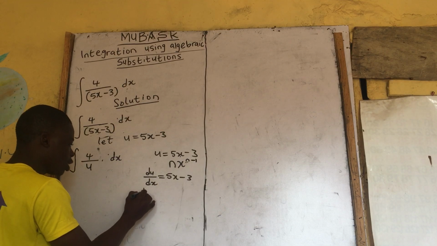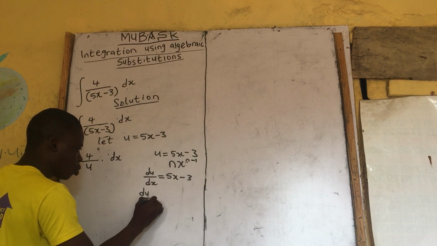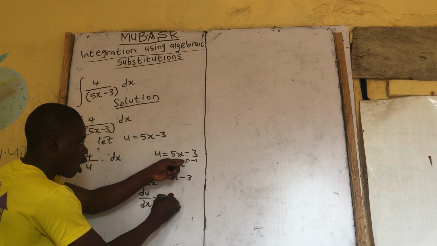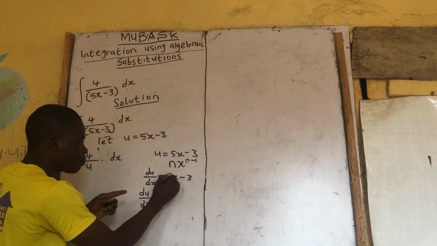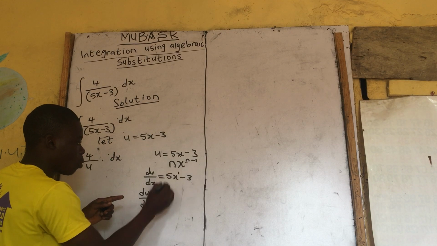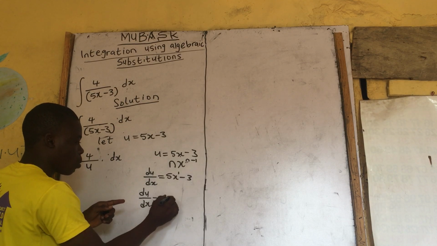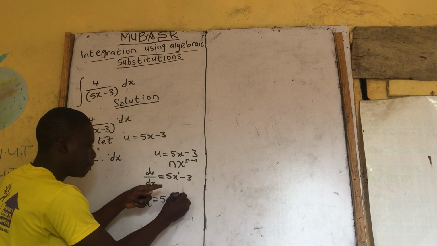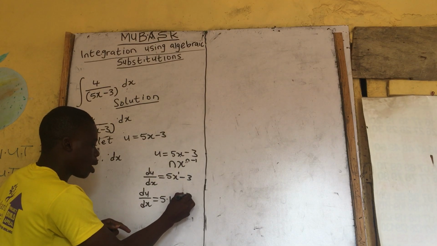So du over dx now equals 5 times x raised to power 1, which is 5 times 1 times x raised to 1 minus 1.